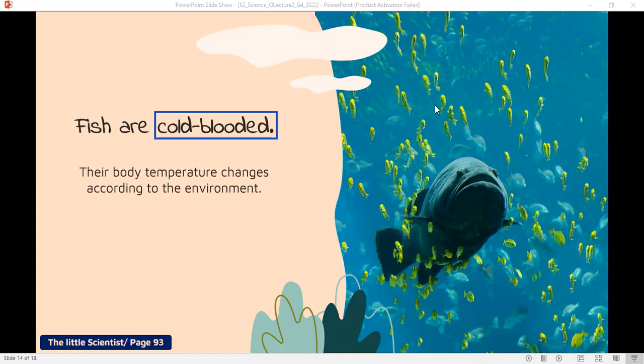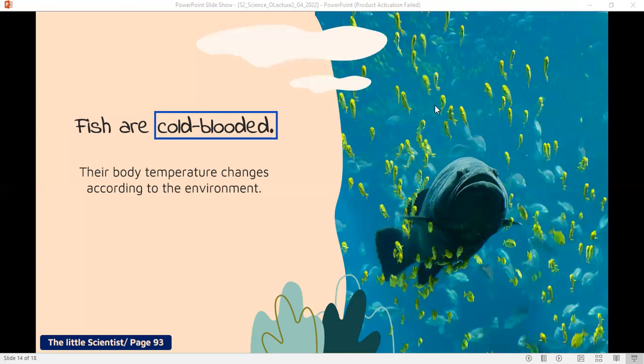When it is cold outside, the body temperature of these animals goes down, and then they need to find warm places. And when it's hot outside, they feel too hot because their body temperature goes up, and they need to find places to cool down.